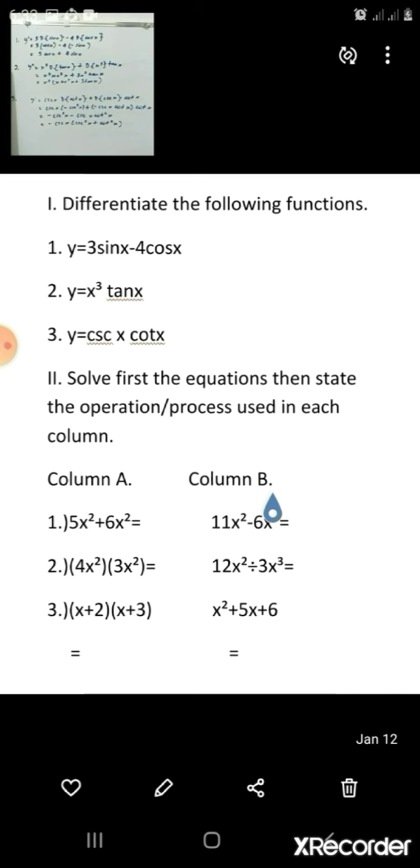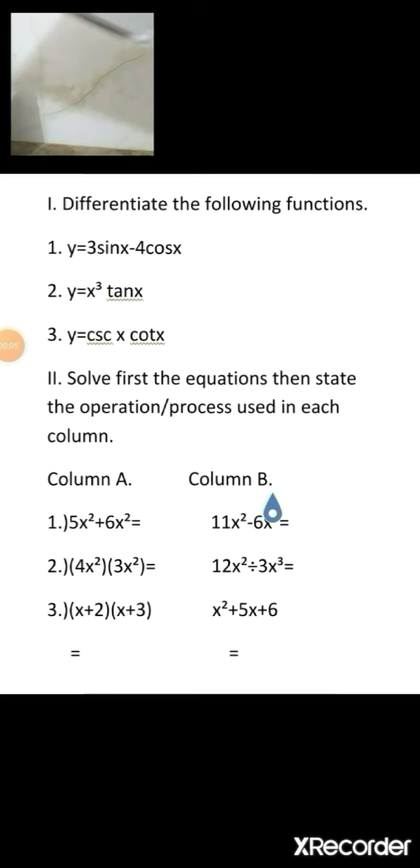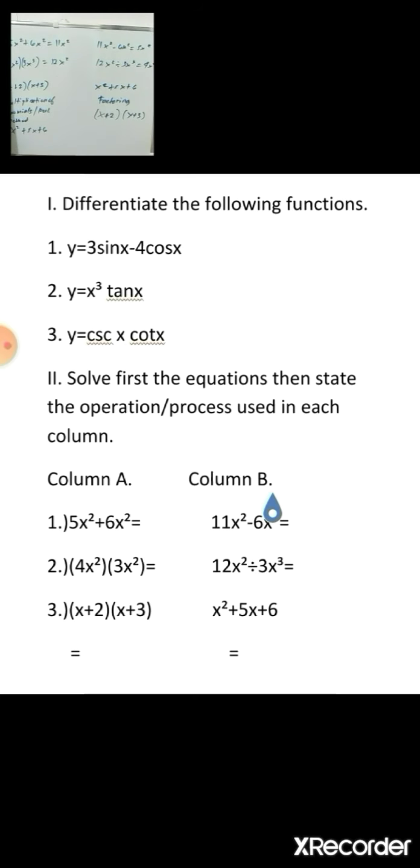For the second, it will be this one. If you got a correct answer, then I give you a prize. So who's got a perfect score? Later I will give you your prize.